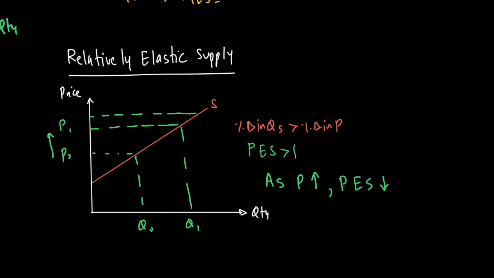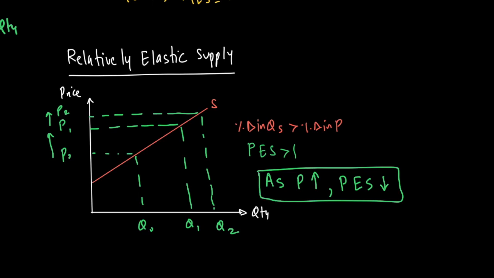The responsiveness is falling. It will not become inelastic, but the PES value will keep on declining. So just like the inelastic supply curve, even in the elastic supply curve, PES is not constant.